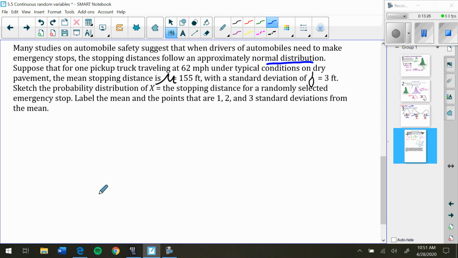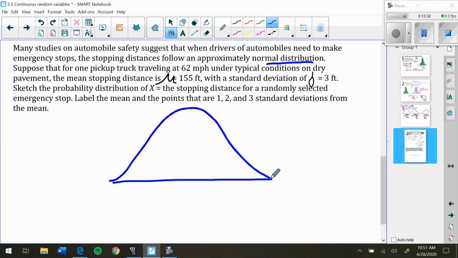All right, so because they told us it is an approximately normal distribution, I get to draw that beautiful bell shape, and I know it's not perfect. I know that the center, the mean, is going to be 155. I also know that there are going to be 1, 2, 3 points above and 1, 2, 3 points below, and now I need to label these. The standard deviation is 3 feet, so this first point would be 158, or 3 above 155.